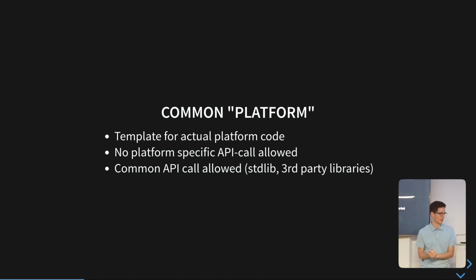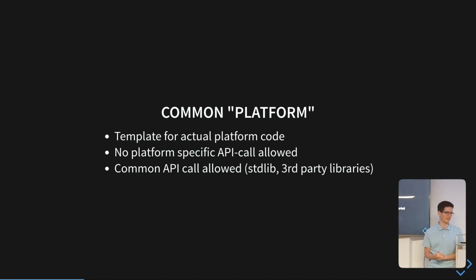There is one basic rule on it. You are not allowed to call any platform-specific API, but you can, of course, call other common Kotlin code like the standard library or other third-party libraries, which is nice.